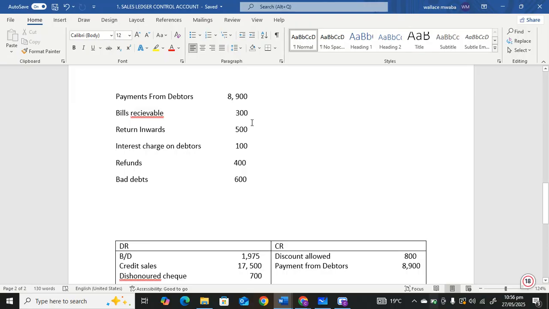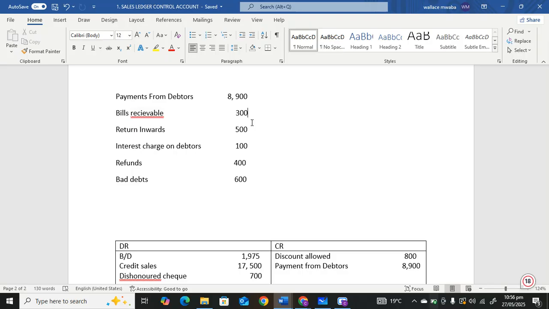All right, bills receivable. Colleagues, what are bills receivable? It is a promissory note that you're going to receive your money.